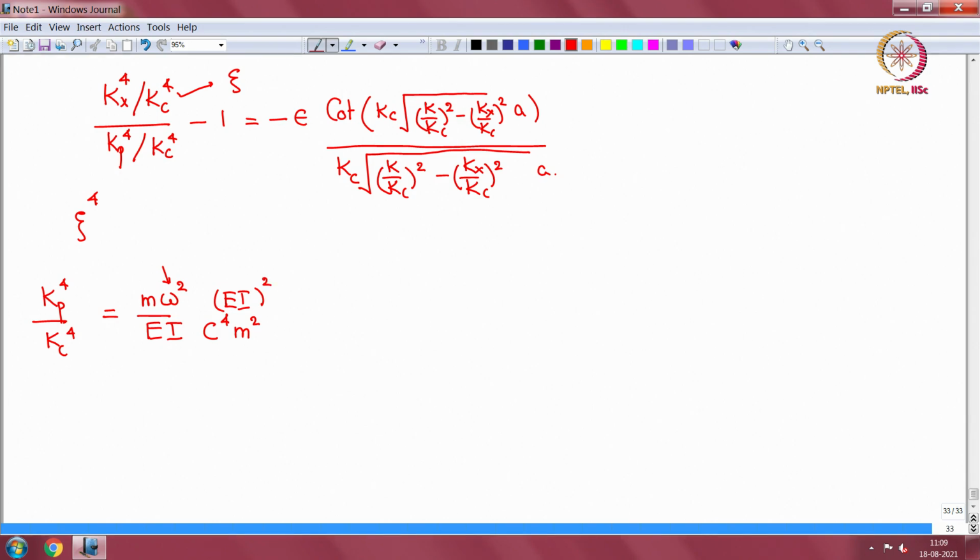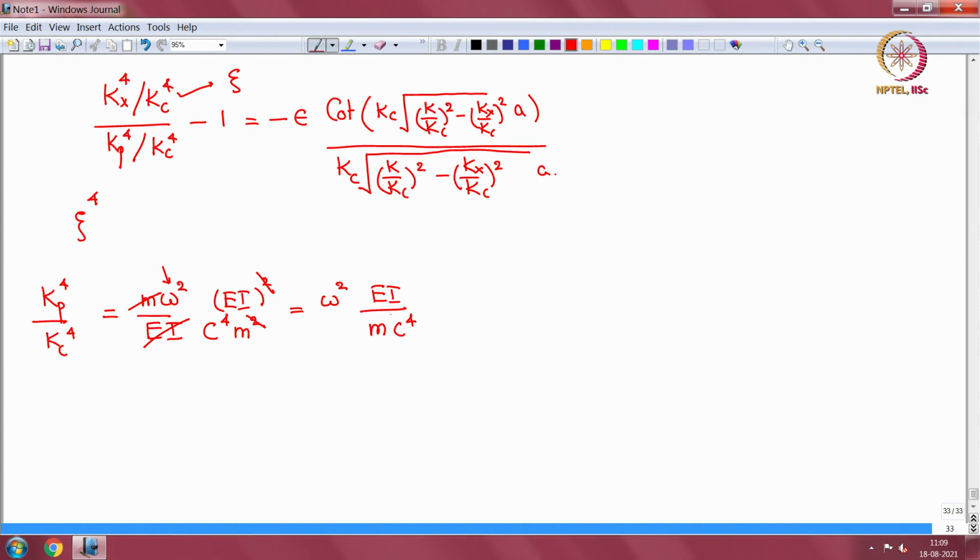Okay. So, now if I cancel off things, what do you get? I get EI cancelled and I get an m cancelled. So, this is omega squared EI by m c fourth. Okay.